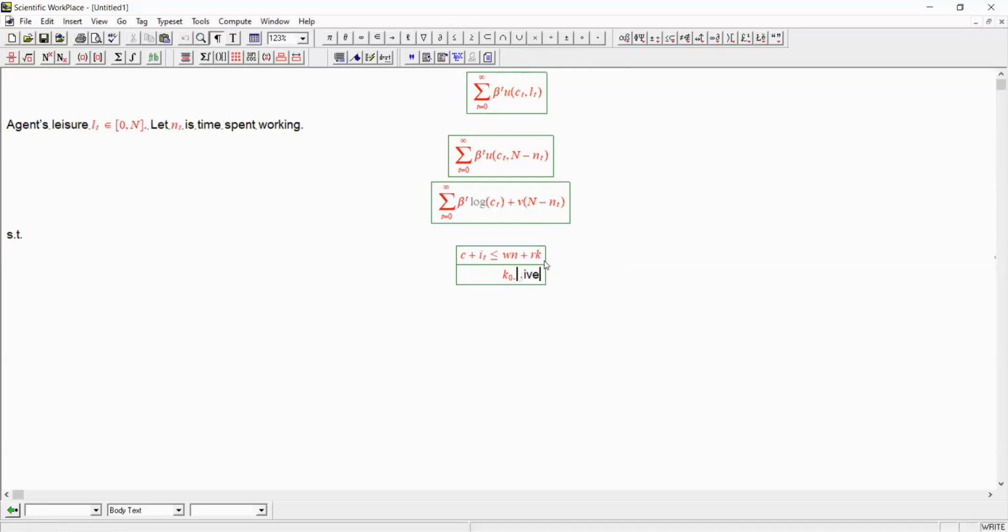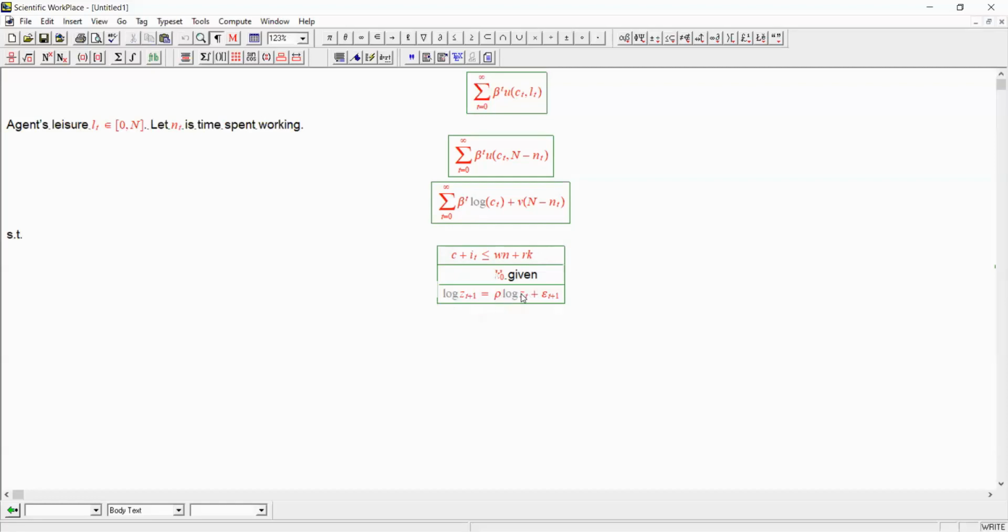K0 given. Of course, Z shows up here, so what I'm doing here, as you can see, is working with the market version of the stochastic problem we had last time.